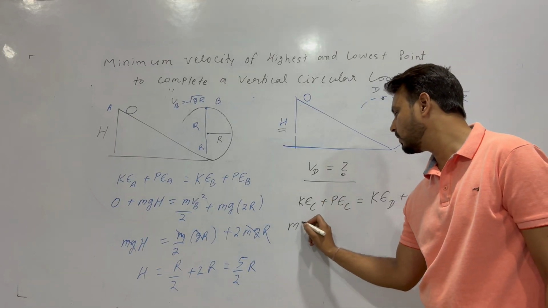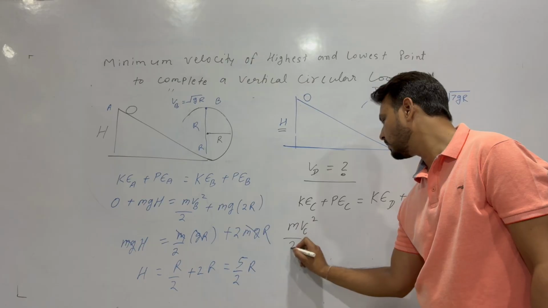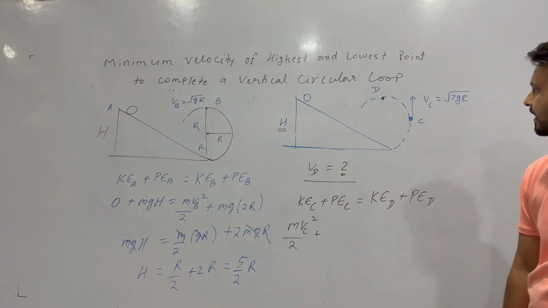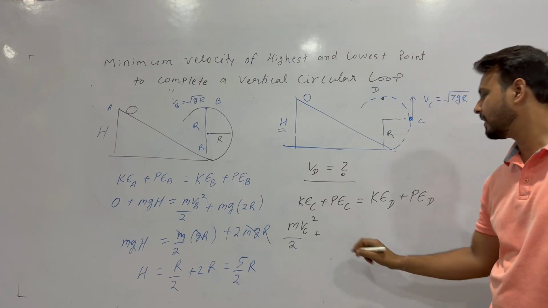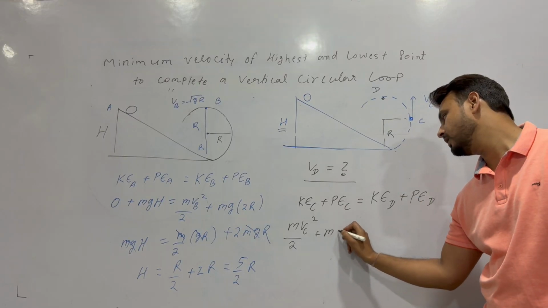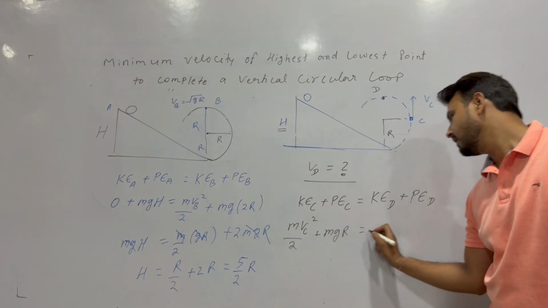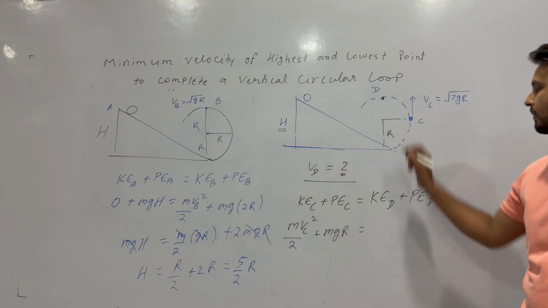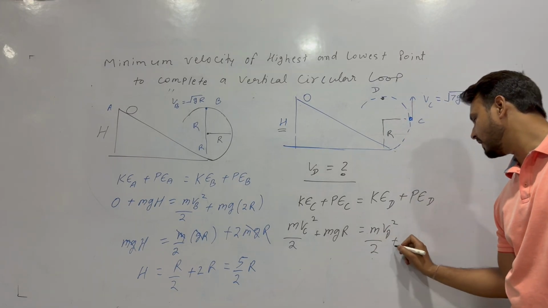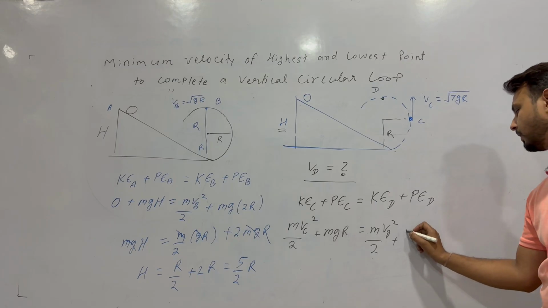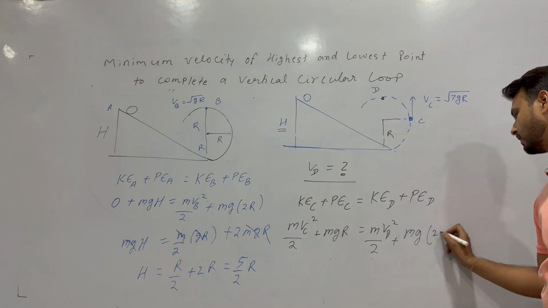It will be equal to mvc square by 2. What will be potential energy at C? As the height is R, potential energy at C will be mgr. Now kinetic energy at D will be given by mvd square by 2, and the potential energy at point D will be mg into 2r.